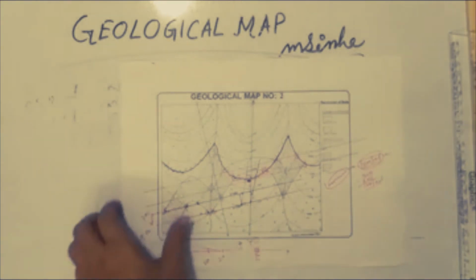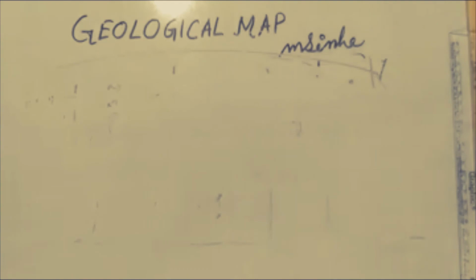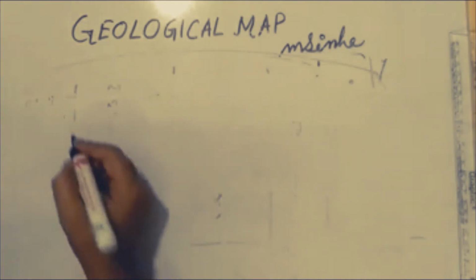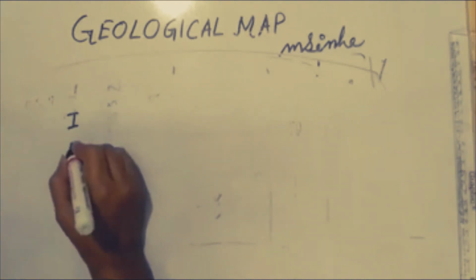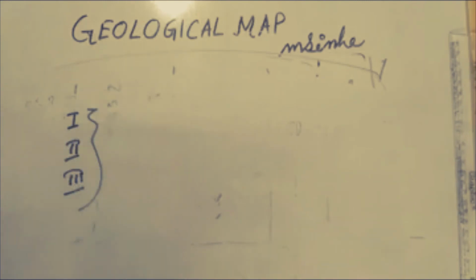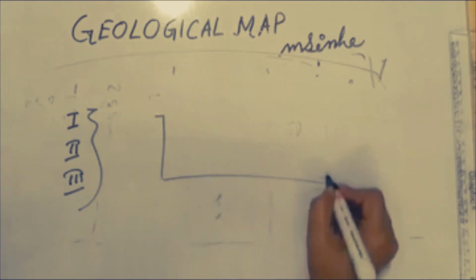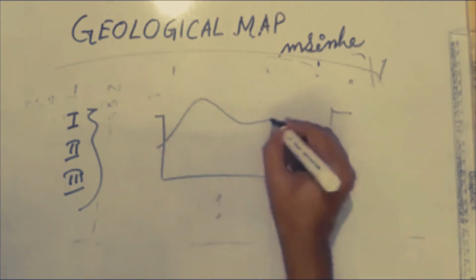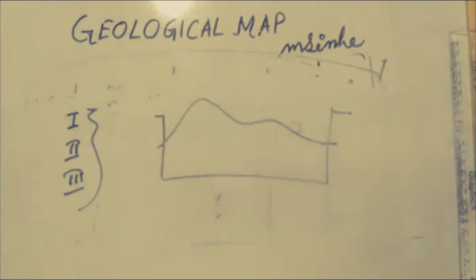Lastly, in this first class I want to say one thing. From the geological map we can get three things. The first thing is information about the landform, just like the outer surface of the earth.